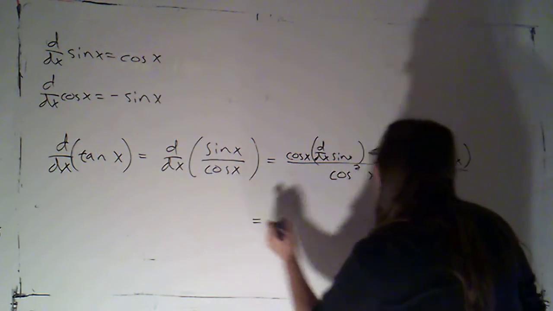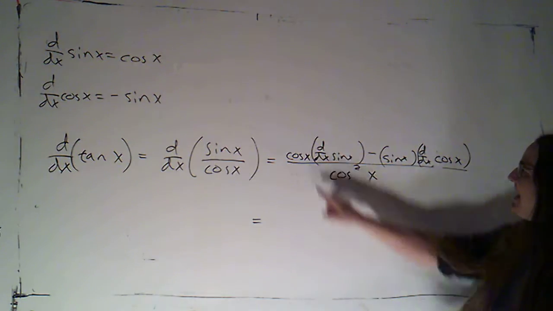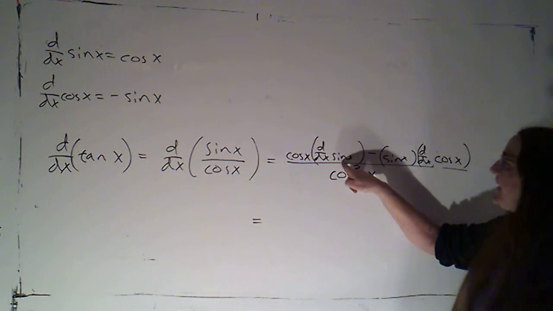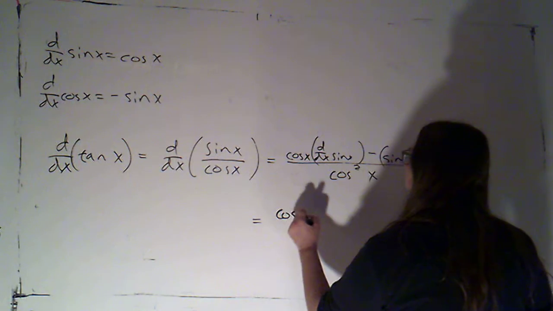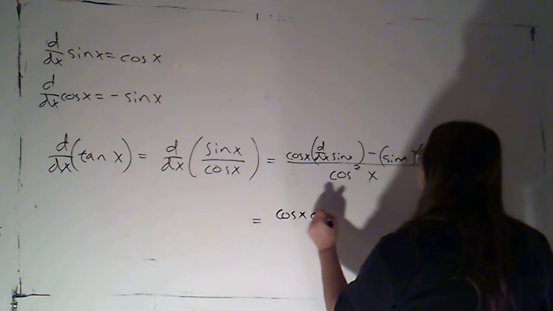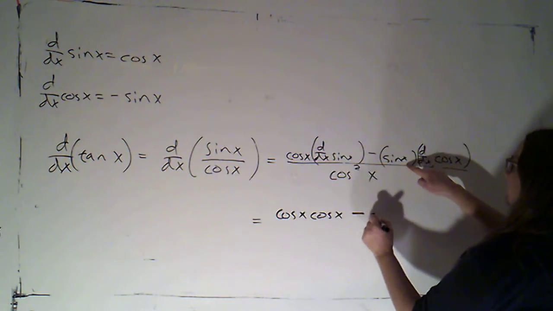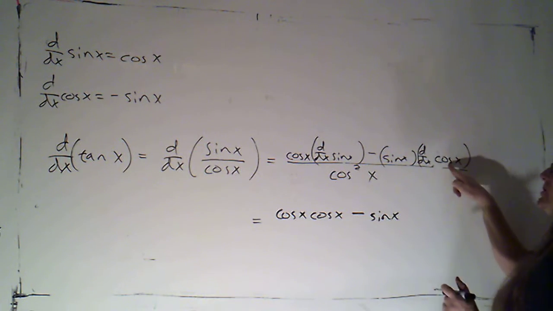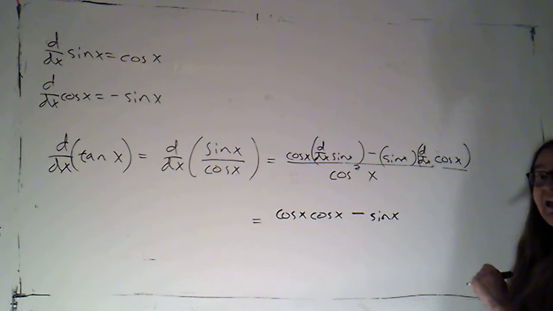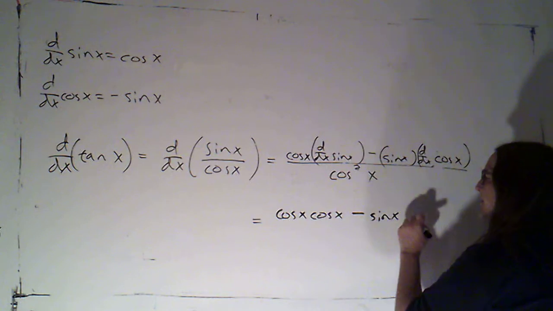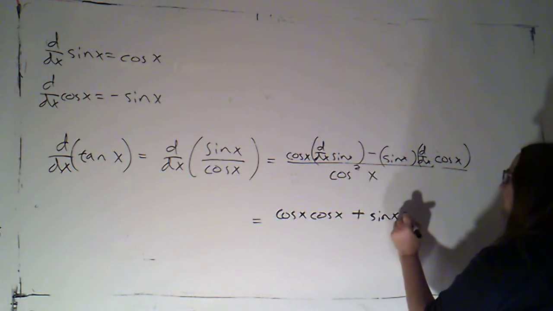Okay, let's go back and evaluate those d by dx's. The derivative of sine is cosine. So we've got cosine of x times another cosine of x minus sine x times the derivative of cosine, which is negative sine. Now if I bump that negative sign to the front, that's just going to become a plus.